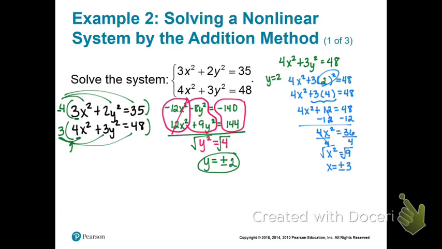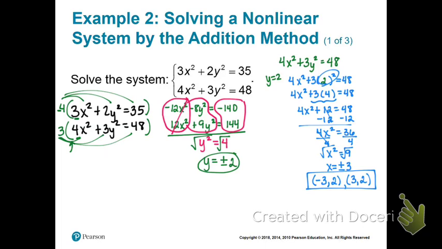What that tells me is that when x is negative 3, we said y was 2, because that's what we plugged in. And when x is positive 3, y is also 2. So we got two solutions just from y equals 2. Wait, when it's a positive, there shouldn't be a negative.